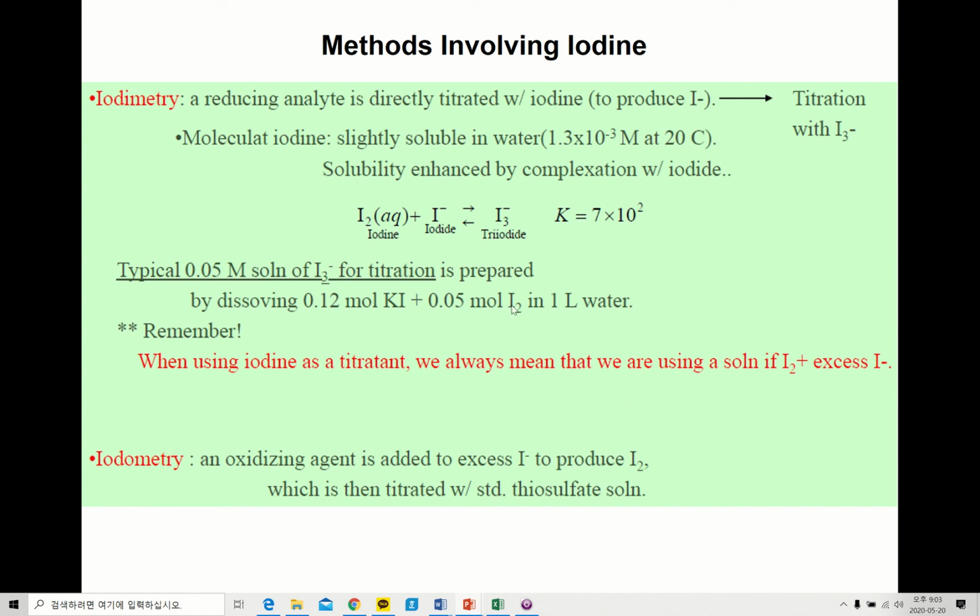So iodimetry is a direct method to the analyte, and iodometry is an indirect method because you have to produce iodine from the reaction.